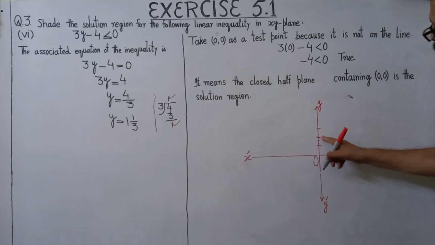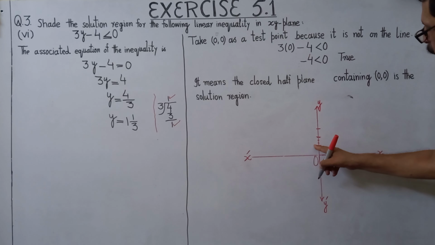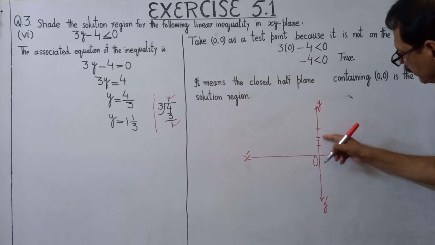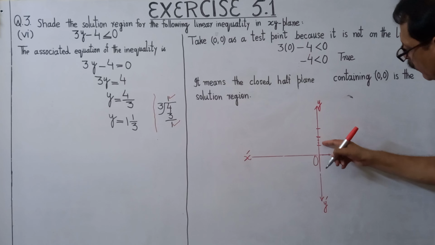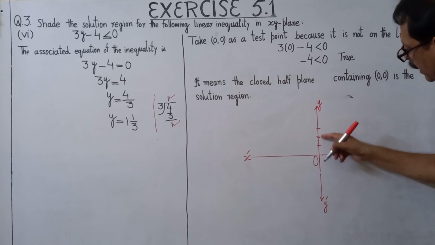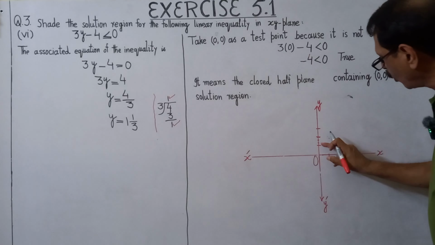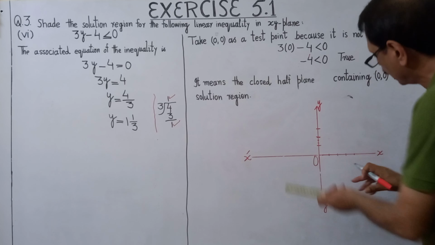Equidistant points 1, 2, 3. 1 whole, this is included. 1 by 3. In this, we have divided this segment into 3 equal parts. 1, 2, 3. 1 by 3 means up to here. 1 whole 1 by 3 is up to here.